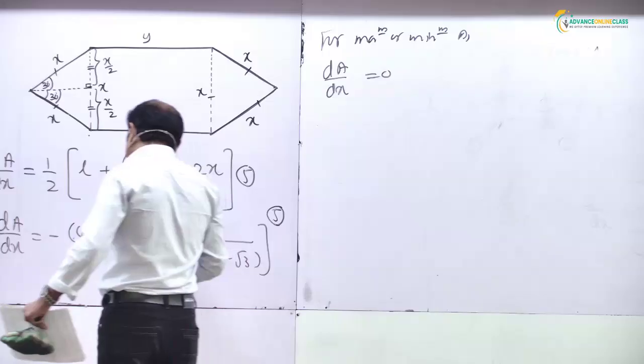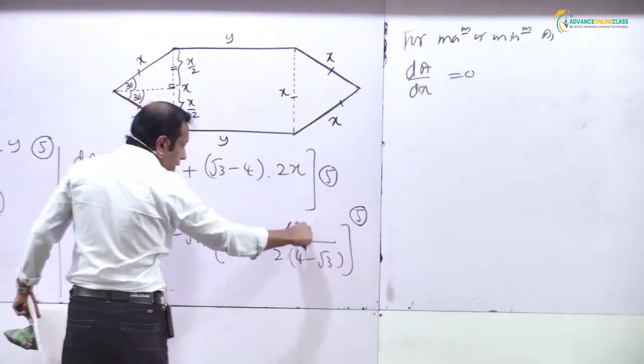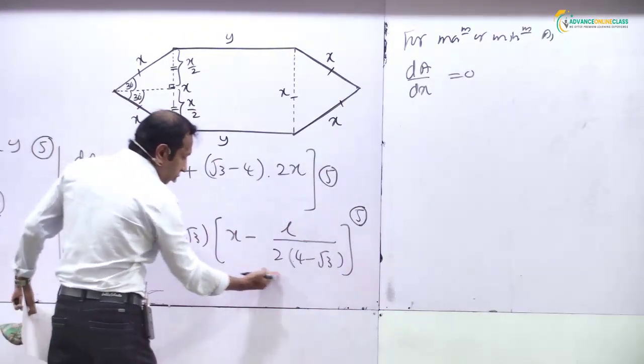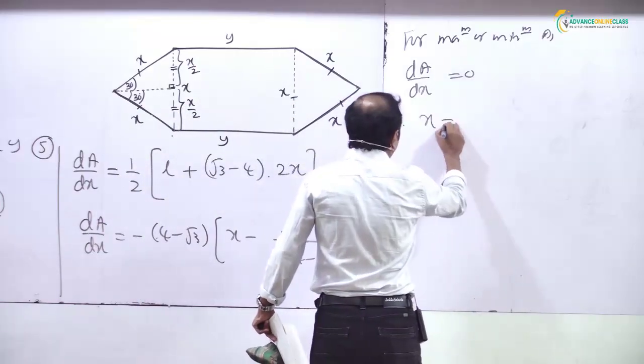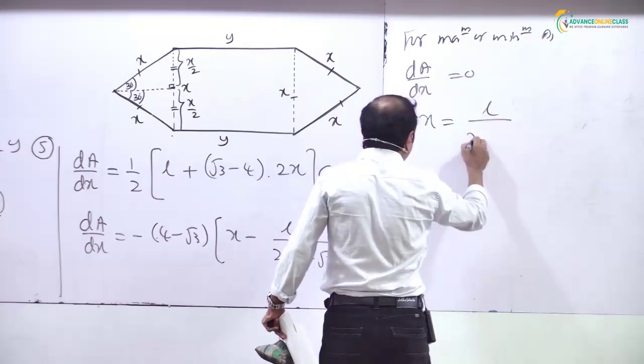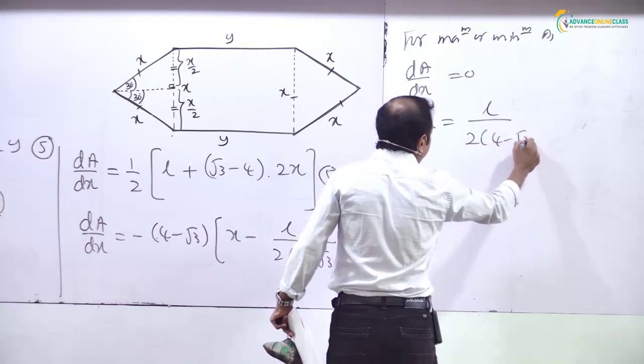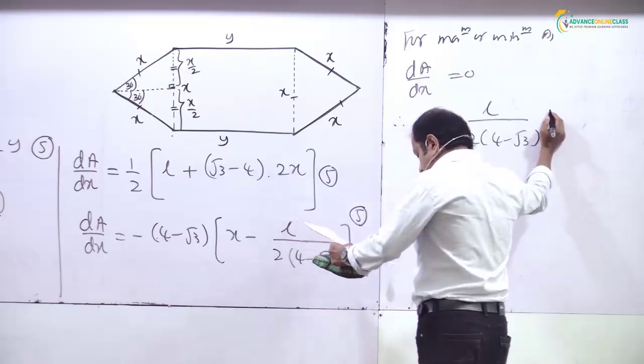Once we equate this right hand side to 0, since this is not equal to 0, this bracket should be 0. Therefore, we get x equals L over 2 times (4 minus root 3). For this 5 marks.